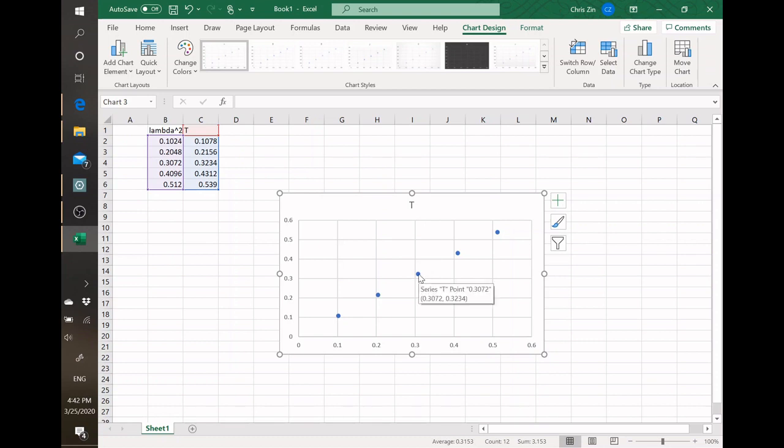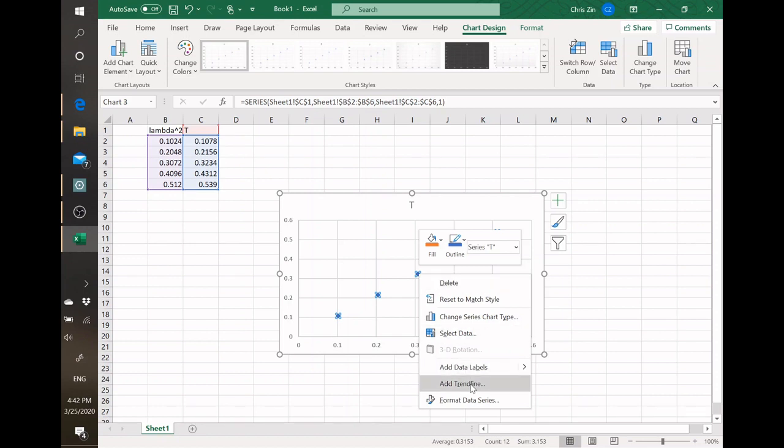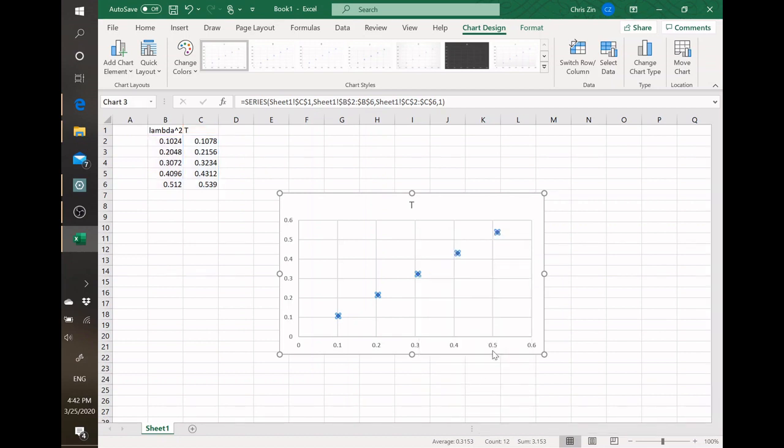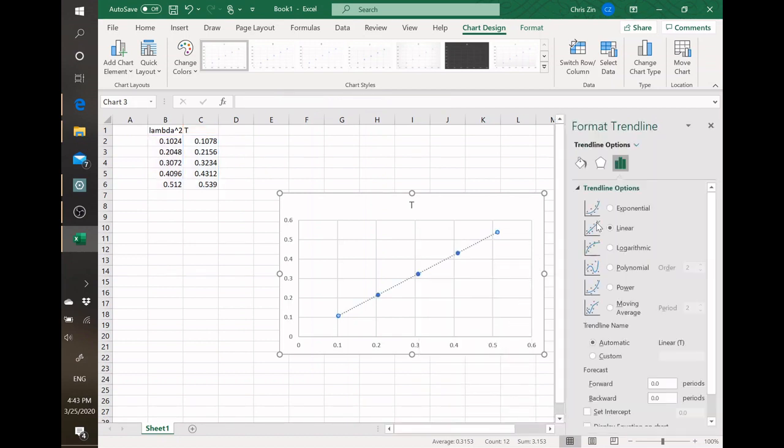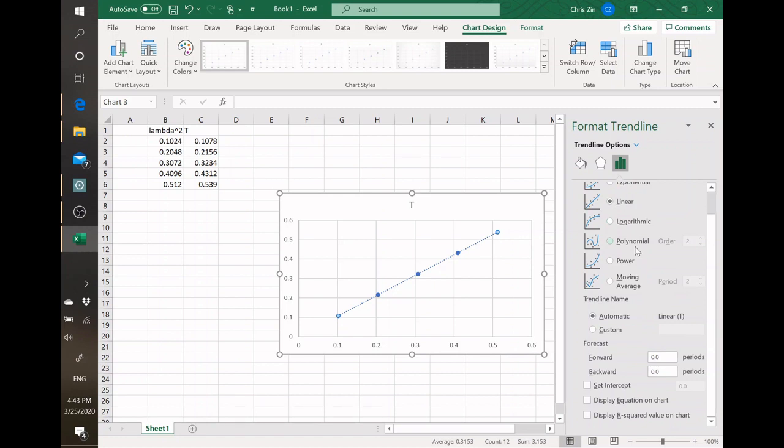To find out what the slope is, I have to add a trend line. So I'm going to right-click on one of the points, add trend line. And for this lab, we will want to use a linear trend line. Then I want to scroll to the bottom of this window, and I want to display the equation on the chart. Okay, so then on the graph here, it has shown me the equation for this trend line. This equation has the form of y equals mx plus b.